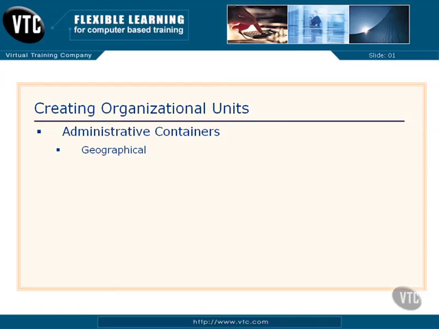First of all, geographical, that means we can create organizational units like north, south, east, west, Tennessee, Kentucky, California, Nevada, Utah, Montana, that sort of thing. We can also do them departmentally: sales, marketing, human resources, executive, those sorts of things. And you can basically set them up any way you want to. That's the good news, and that's the bad news.